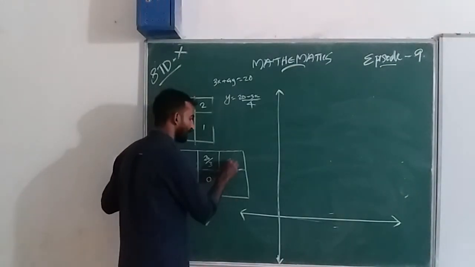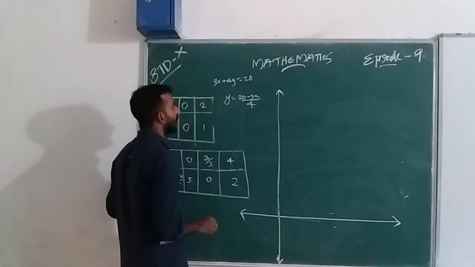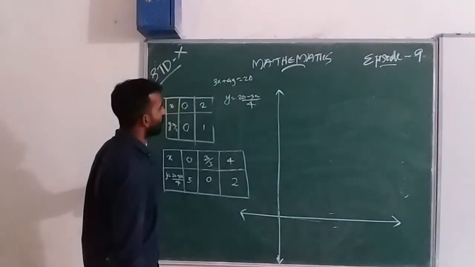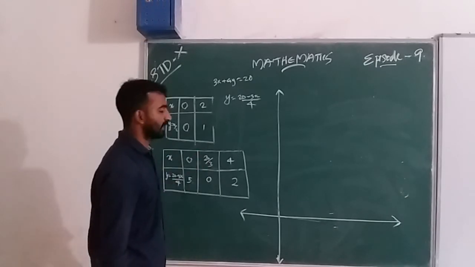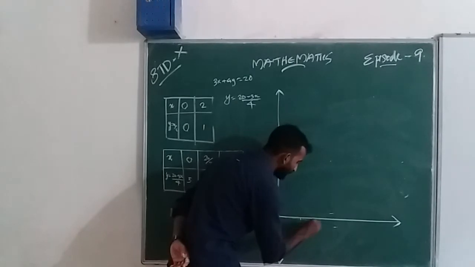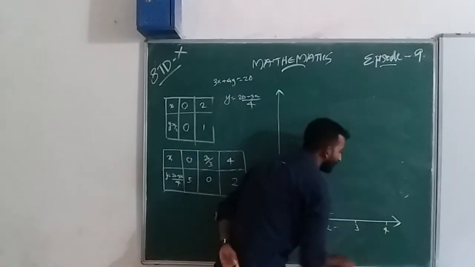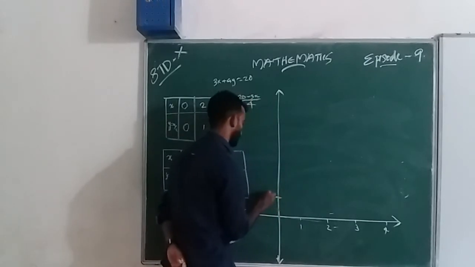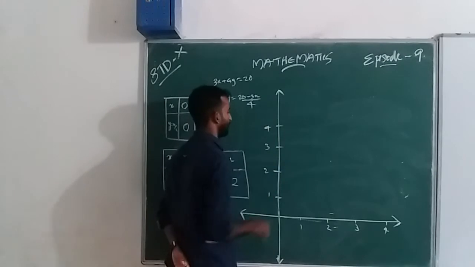When we take x as 4, we get y equal to 2. Is it? Yes. We can start with 1, 2, 3, 4.